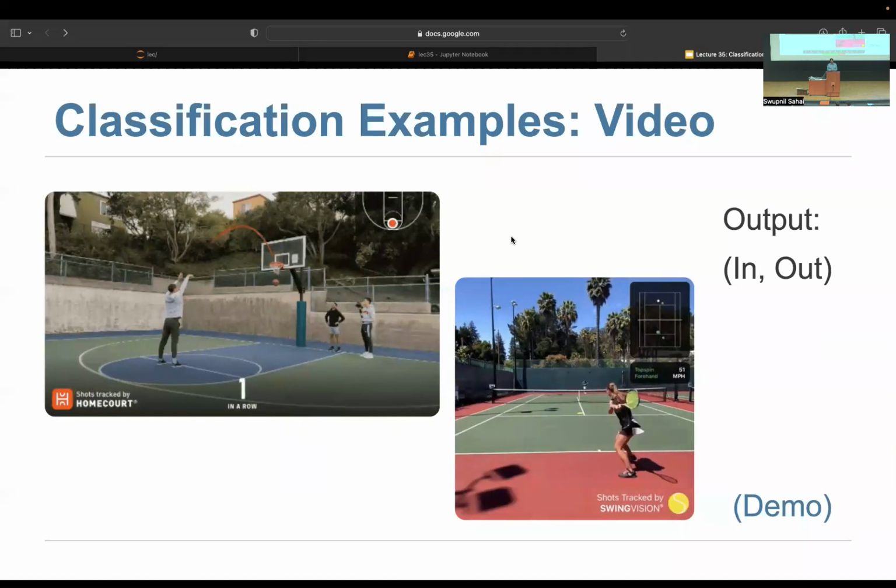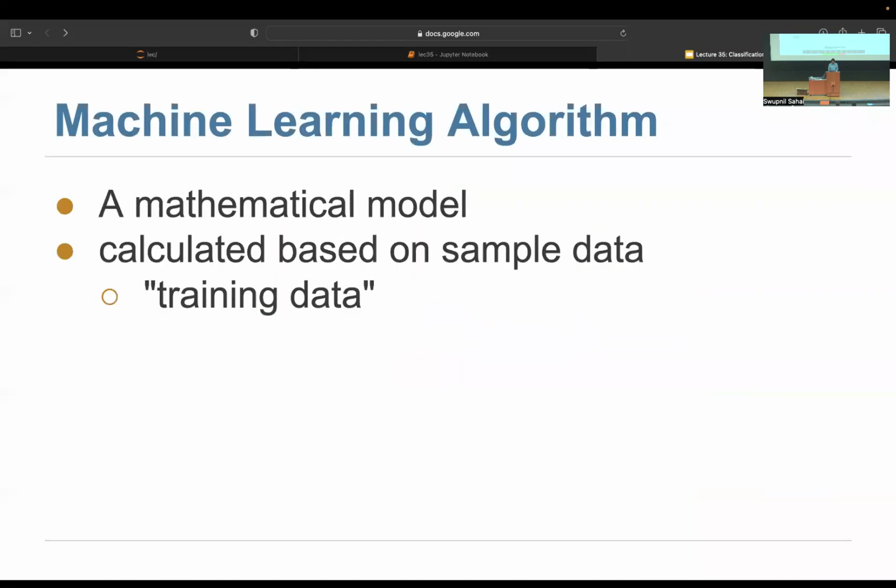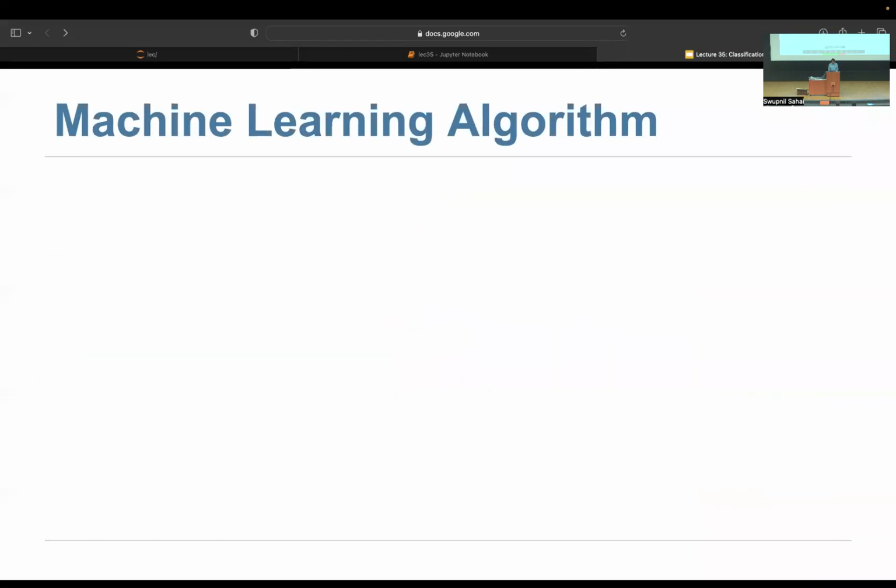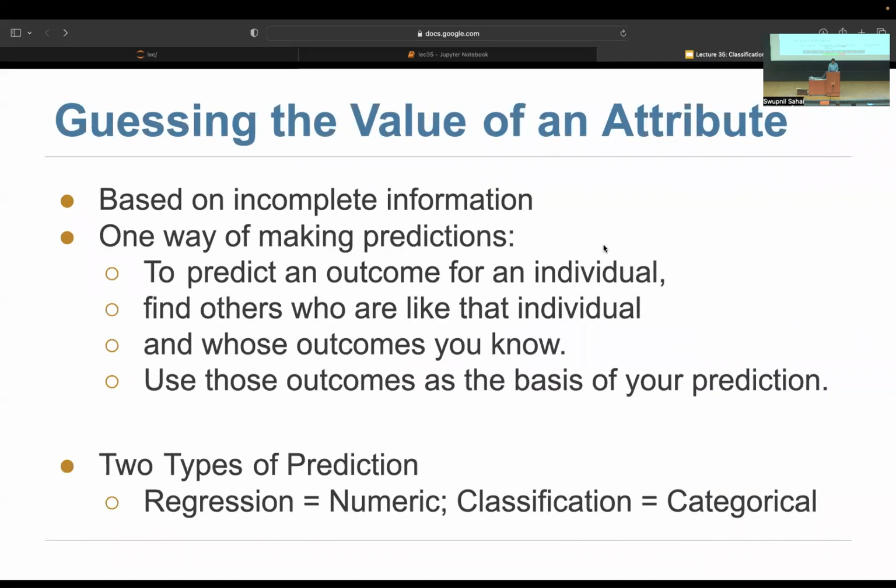You mean because it's 3D? Basically, visually, if you can tell, what you'd want to do is get a bunch of examples. If we go back to the definition of how we're doing predictions, this third bullet point, whose outcomes you know.